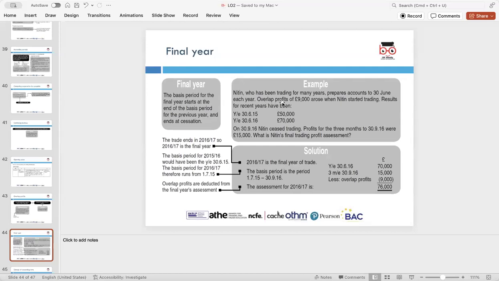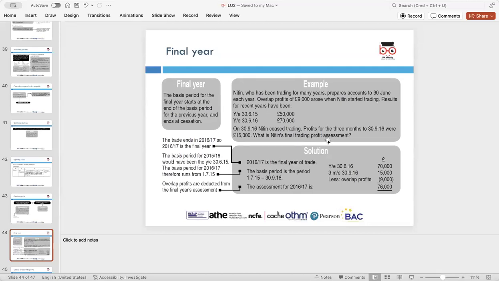First, we need to identify that the final year of Nitin's trade is 16-17, because he ceased trading on 30 September 2016. So the basis period for the previous year, 15-16, would have ended on 30th of June 2015. So the basis period for 16-17 starts on 1st of July 2015.